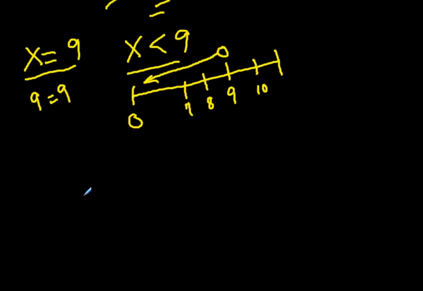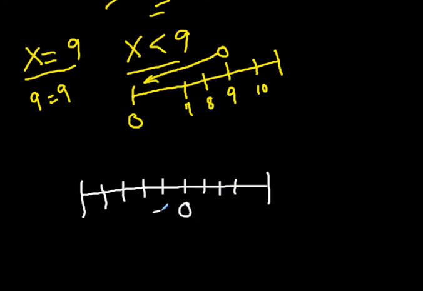Okay, what if I had a number line like this? Put my little hash marks on here. And here was 0, -1, -3, 1, 2, and so on. Now let's say that we had a closed circle like this and an arrow going that way.